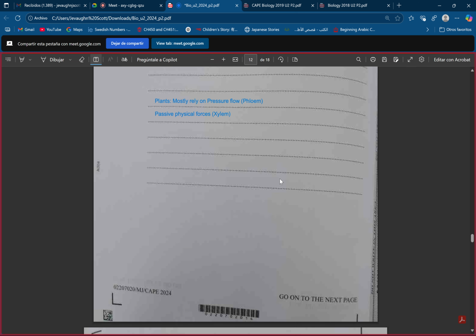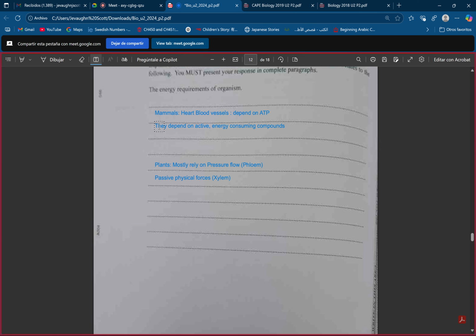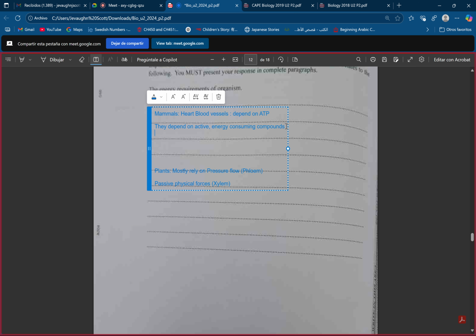Okay, so we could say that. Okay, lovely. For the mammals, this is really a throwback: heterotrophic nutrition, and for the plants it would be autotrophic.